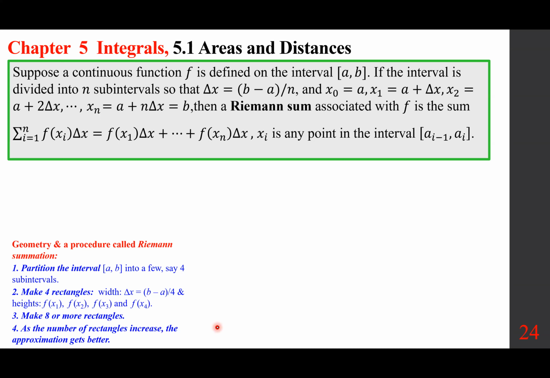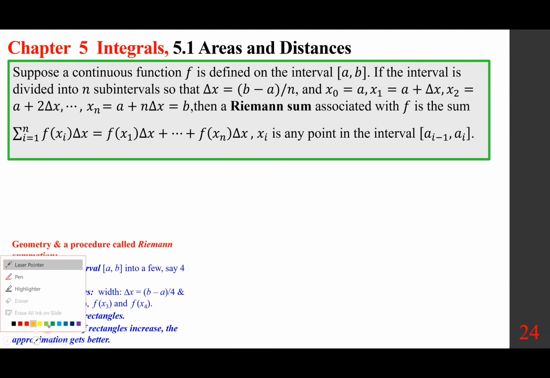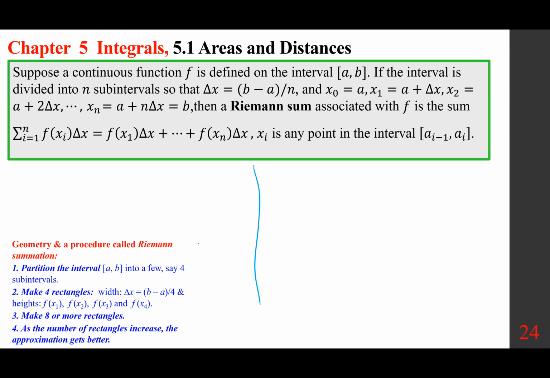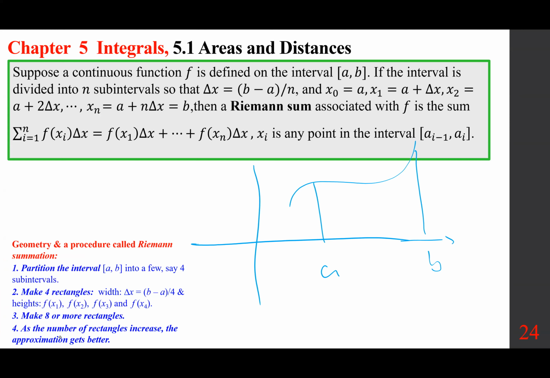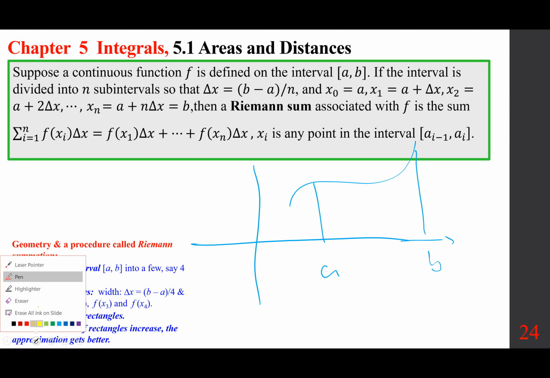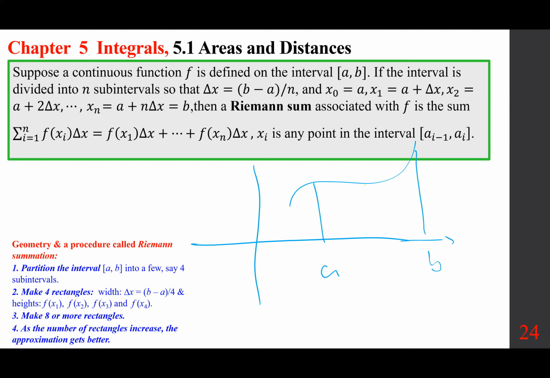So the idea is this, everybody. If you want the area under the curve, let's say from A to B, you can cut this into so many pieces.